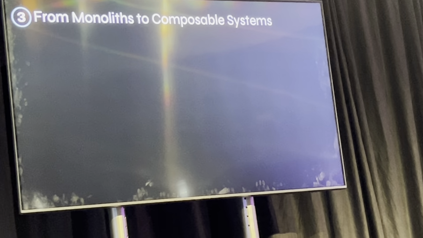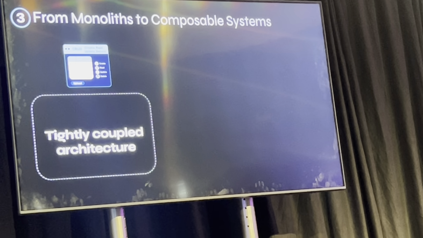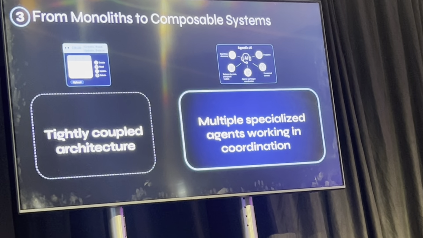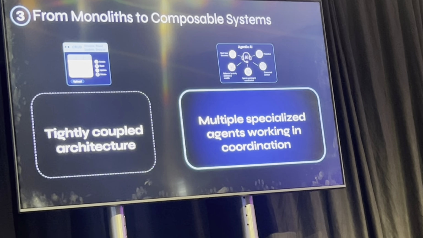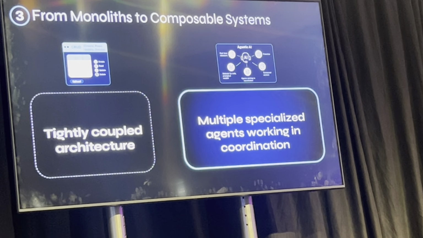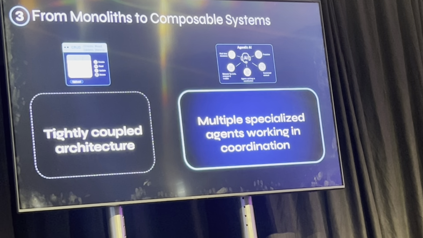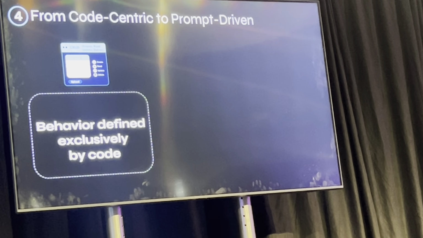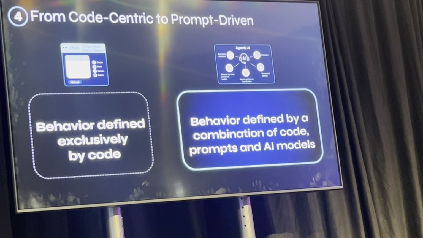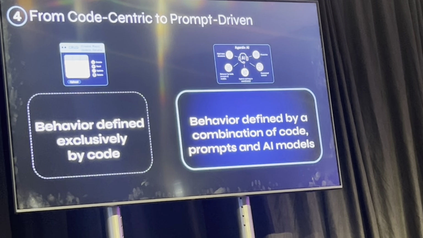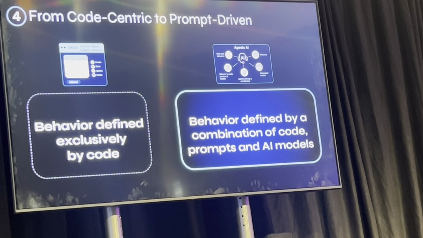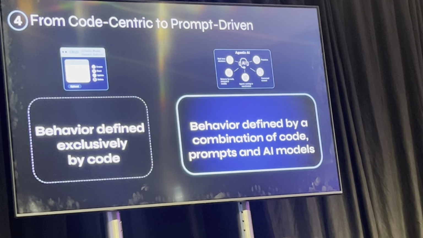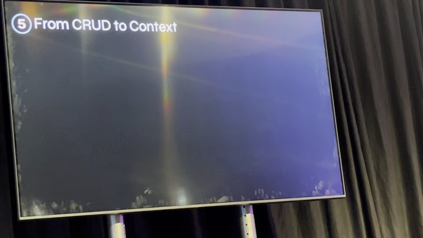We're also moving from monoliths to composable systems, from tightly coupled to more loosely coupled, back to the point that your applications are going to need to interact with other agents from other applications. From code-centric to prompt-driven, so behaviors defined by code are instead defined by prompts and models and interactions between different models and agents.